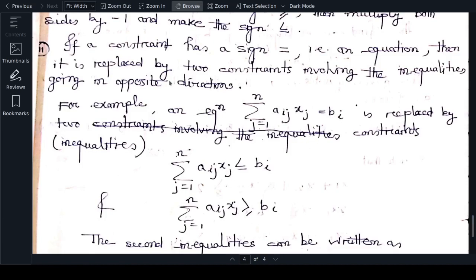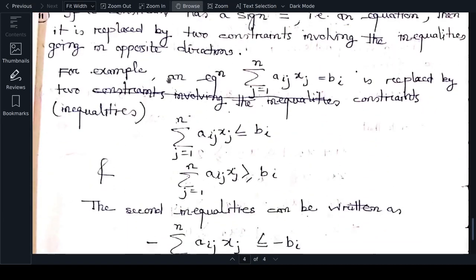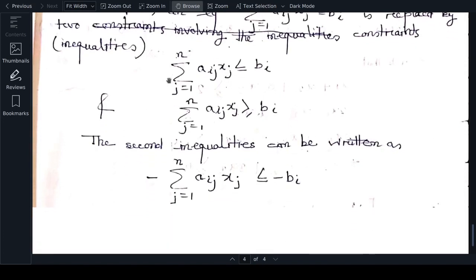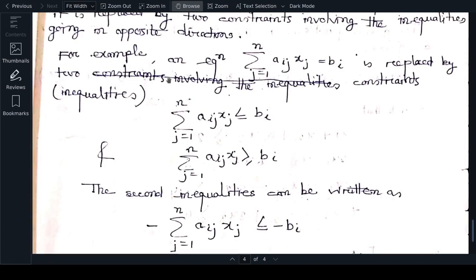So you see I have written these two: summation aij xj, j varies from 1 to n, is less than or equal to bi, and summation aij xj, j varies from 1 to n, is greater than or equal to bi. Then, if we need all to be less than or equal to, we convert the second one by multiplying both sides by -1, giving minus summation aij xj less than or equal to minus bi. Number 3 is an important point: every unrestricted variable is replaced by the difference of two positive variables.